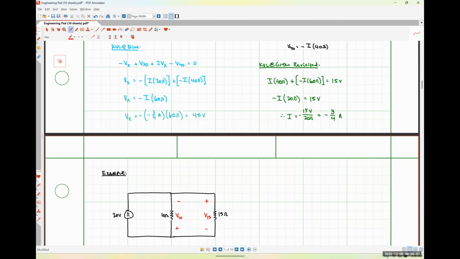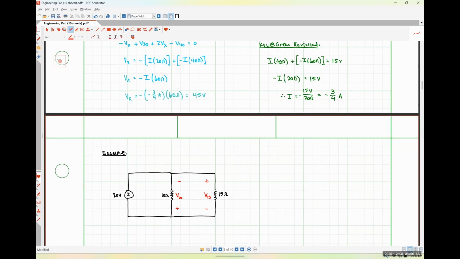So we once again have a situation where we could write three different Kirchhoff's voltage law equations. I'm not going to bother writing all three of them. I don't think it's particularly necessary to illustrate what I'm trying to show you here. So I'm just going to choose to write one around the left hand and then one around the whole thing. So let's start with the one around the left hand.